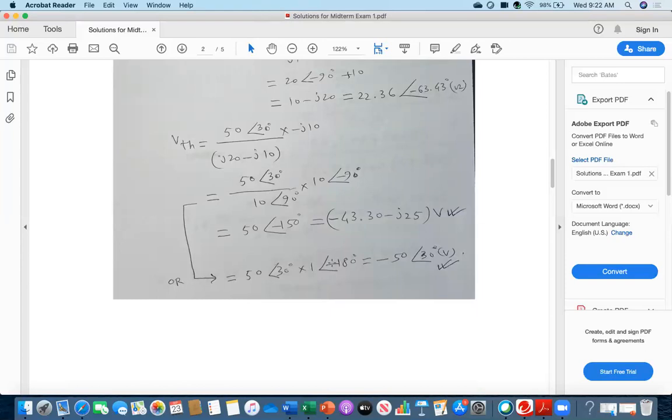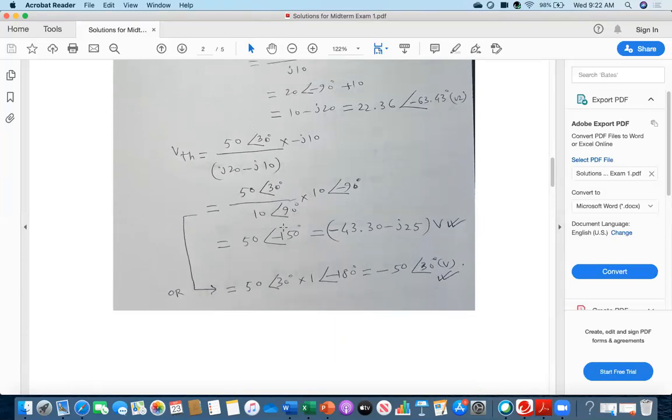But on angle minus 180, this means you just need to put a minus sign before. Minus 50, because in polar form, or exponential form, e to the power j minus 180, cosine of minus 180 gives you minus 1, and sine of minus 180 is 0. So directly you can write minus 50 angle 30. Or I have shown the other approach: the 10 and 10 cancel, and this minus 90 goes in the numerator.